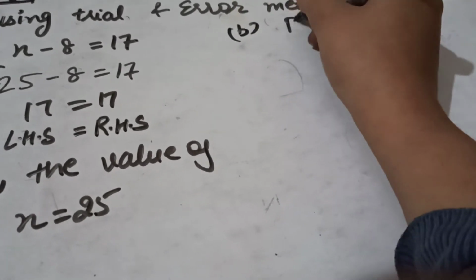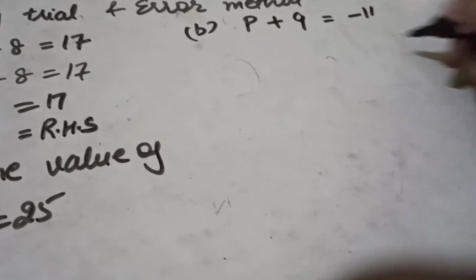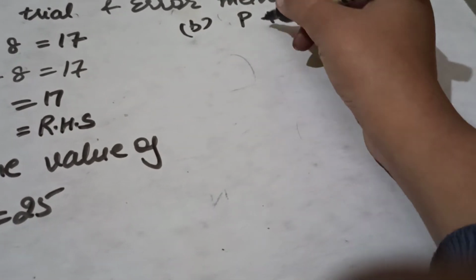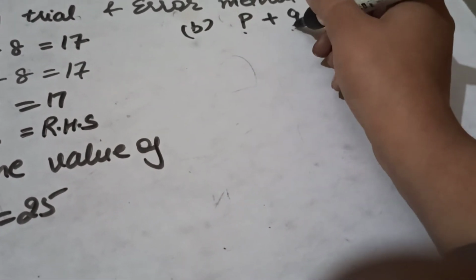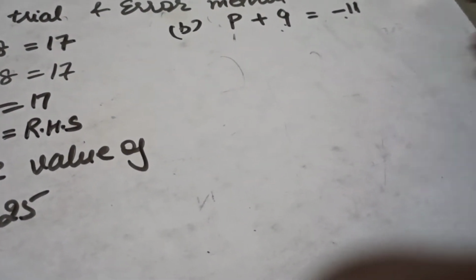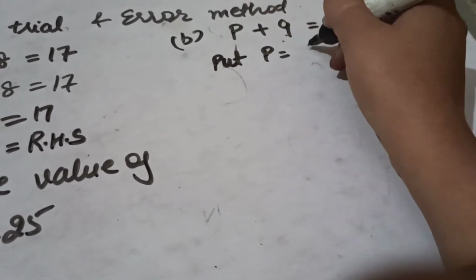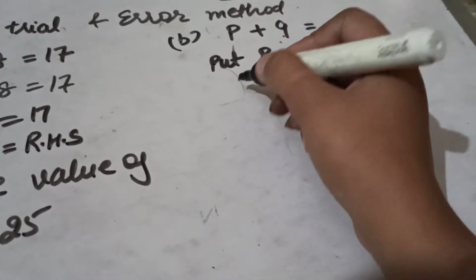Now B part, p plus 9 equals minus 11, right? So see, here it is minus, it means the number will be greater than 9, and whichever number is greater, that is in negative form. So put p equals minus 20.